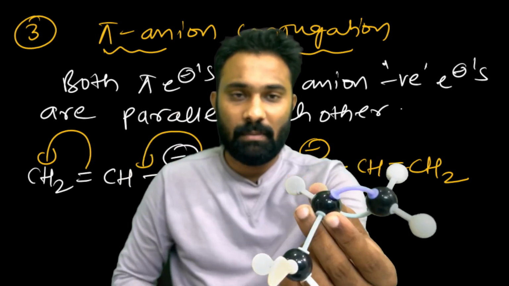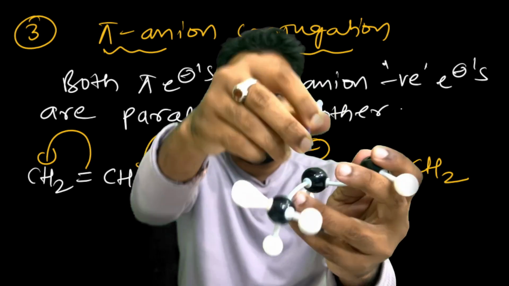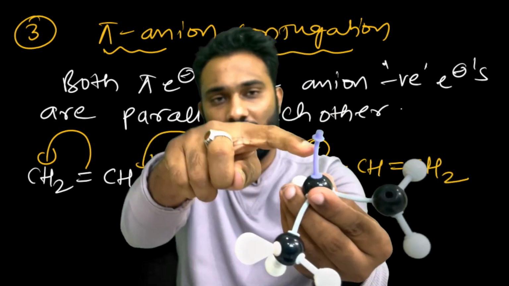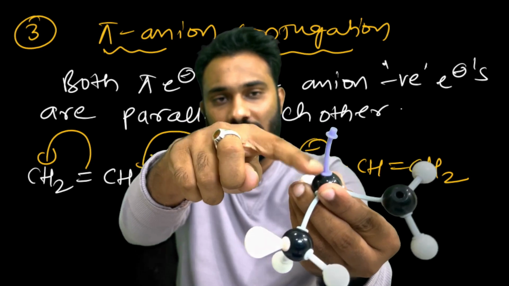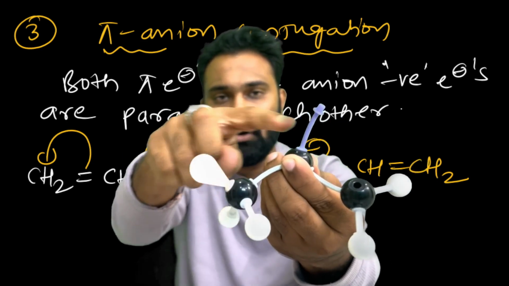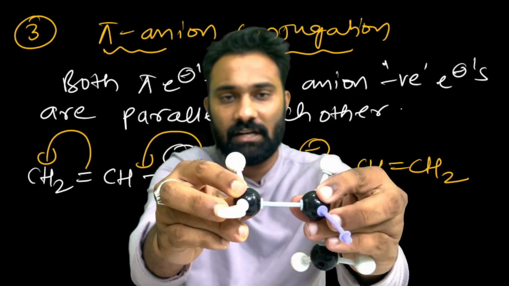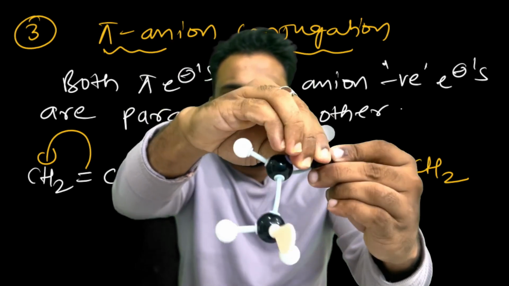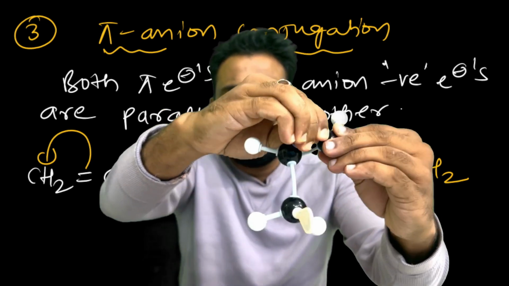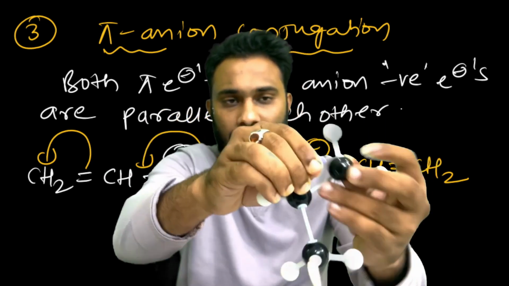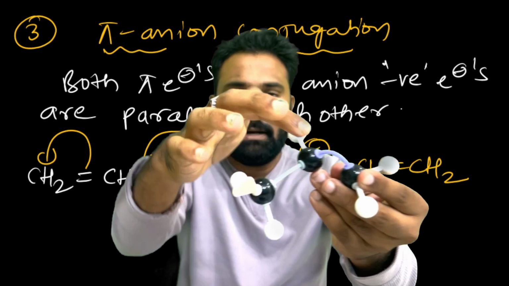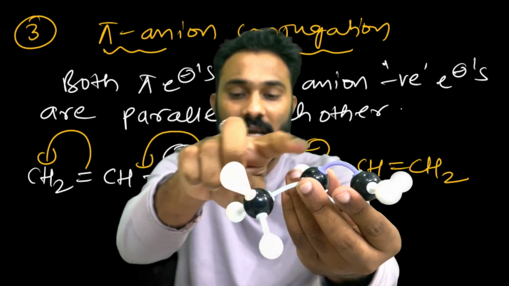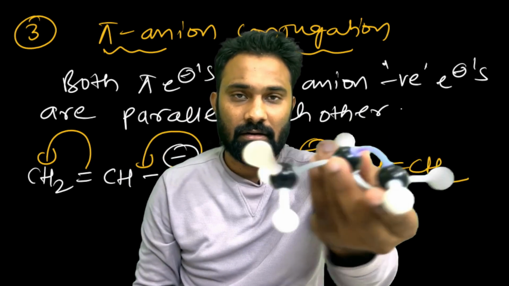Sir, how are these two parallel? We know sideways overlapping of pure p orbitals leads to the pi bond. This carbon's pi bond, or empty p orbital, and this carbon's lone pair of electrons are both parallel to each other, right? This sideways overlap leads to only a pi bond. So these pi electrons and this carbon's negative charge are not perpendicular to each other, they are parallel. Clear? Done?